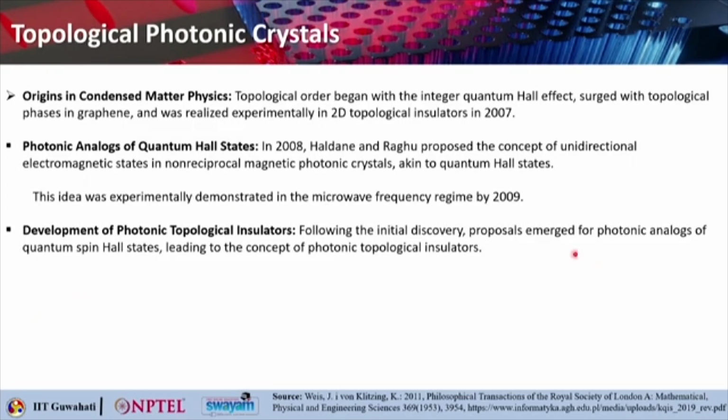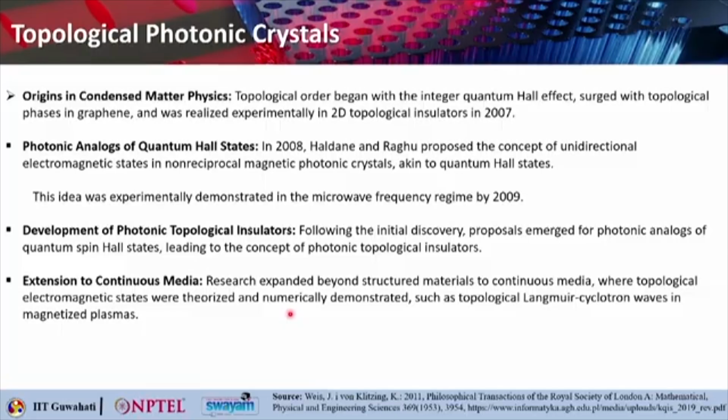Proposals emerged for photonic analogs of the quantum spin Hall states, and that led to the concept of photonic topological insulators. Research expanded beyond structured materials to continuous media, where topological electromagnetic states are theorized and numerically demonstrated, such as topological Langmuir cyclotron waves in magnetized plasmas.